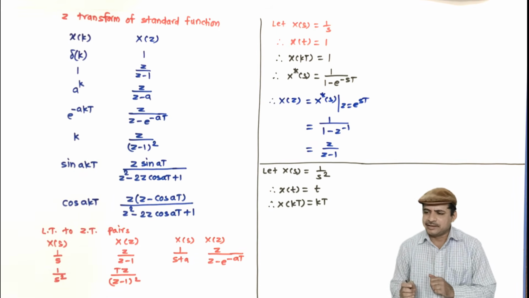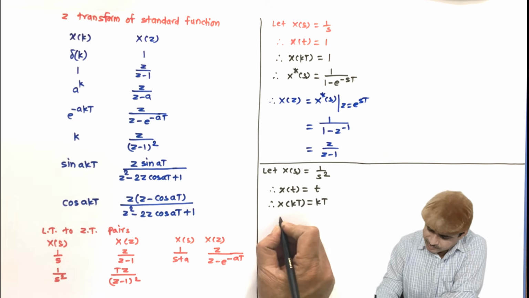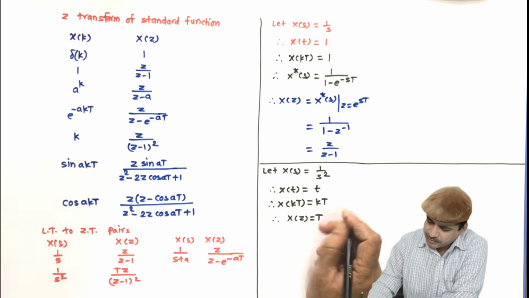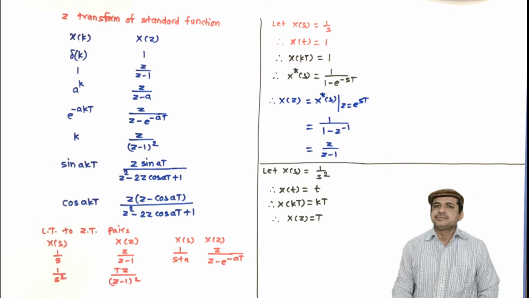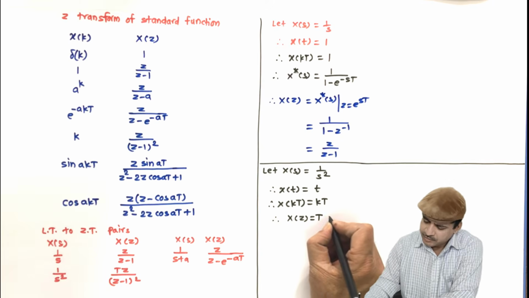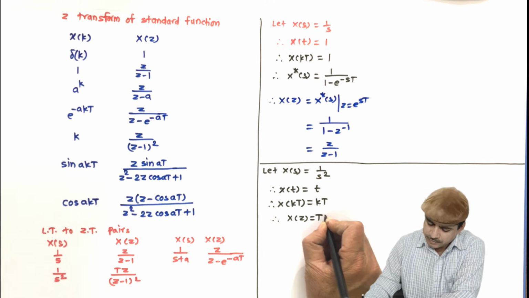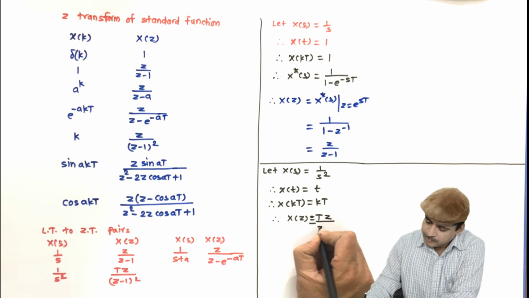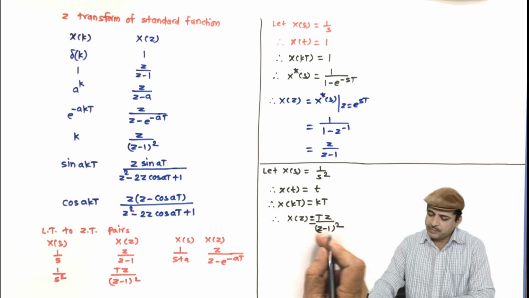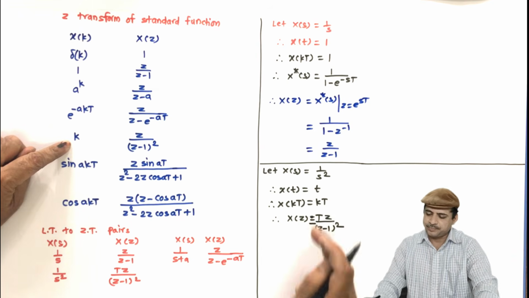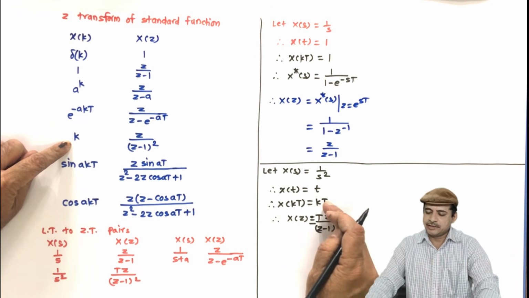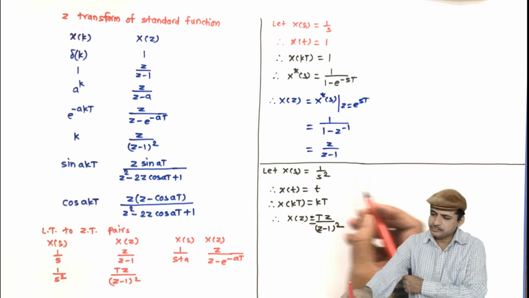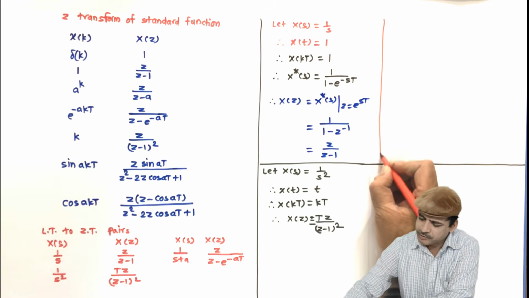So even directly I can get it. So now x of z will be T into z divided by z minus 1 square. See, z upon z minus 1 square is the Z transform of k, and then T is a constant, so it is taken out. Same thing you can do for the third function.